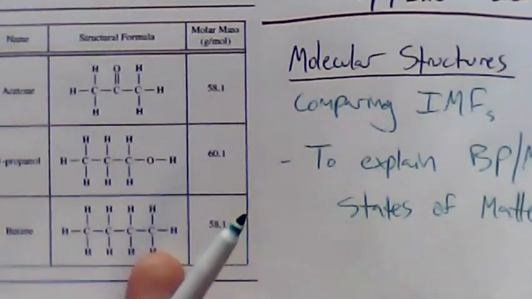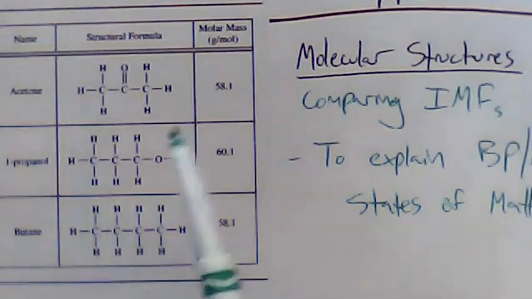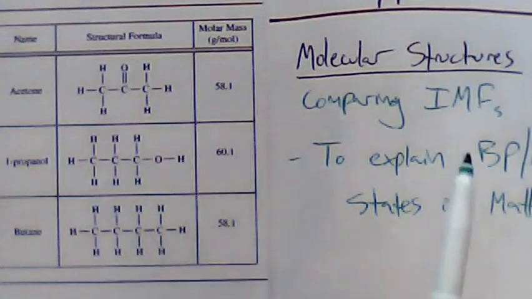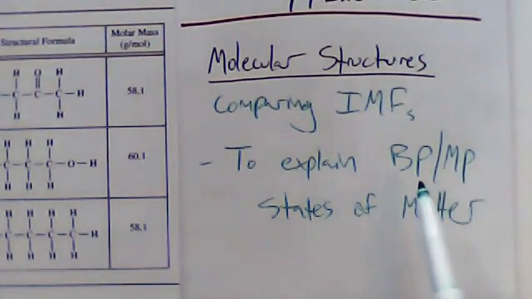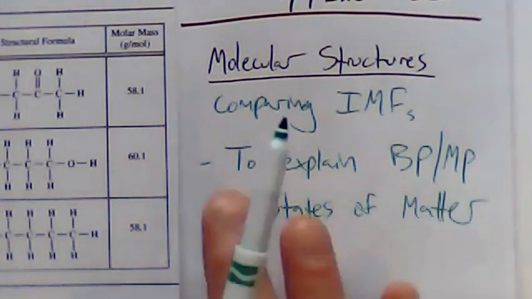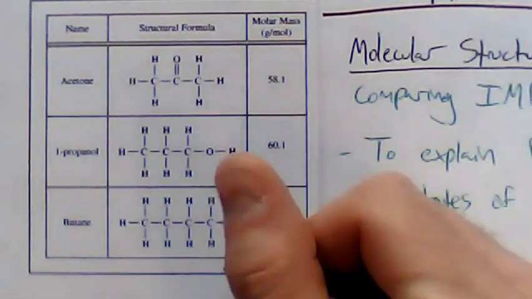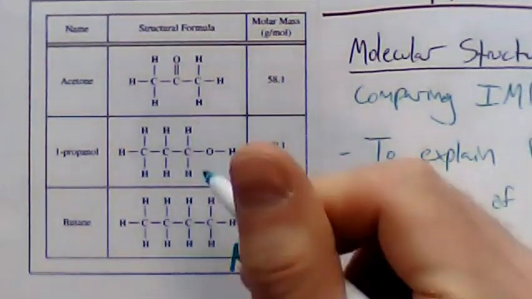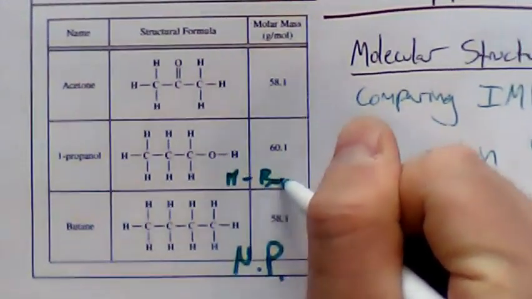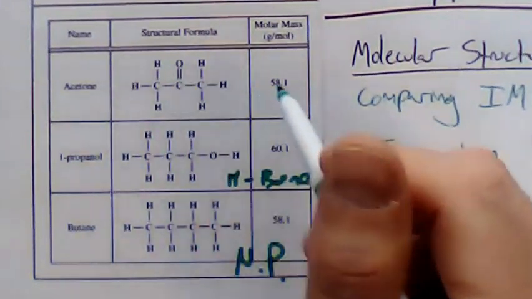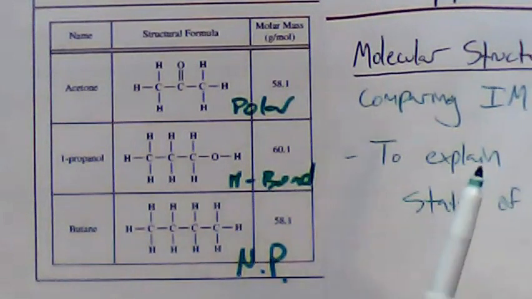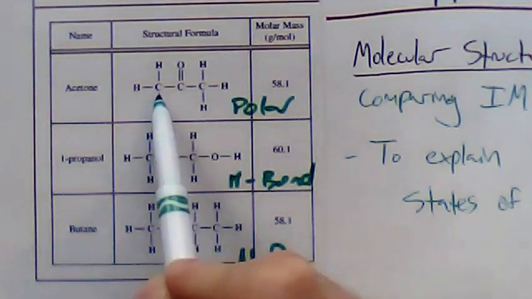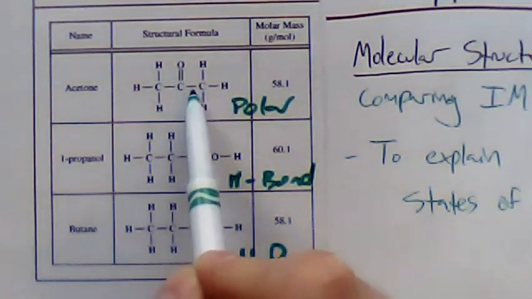Moving on, we're looking at some molecular structures. Can we look at these molecular structures and talk about what is happening with the boiling point and melting point in states of matter? With butane, it is nonpolar. Here we would have some H bonding. Here it's just polar because this is going to be trigonal planar here in the middle.